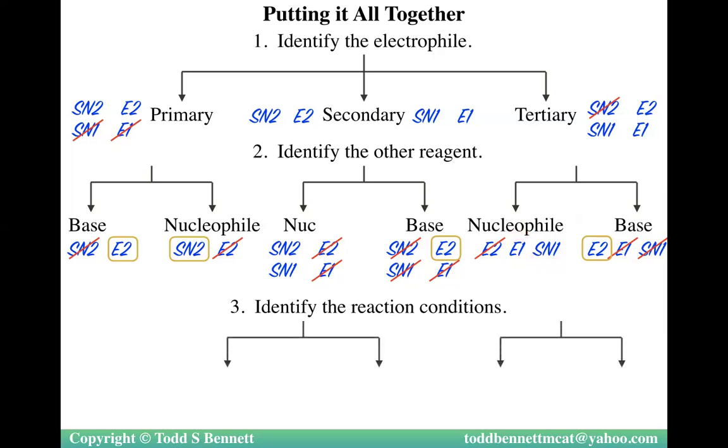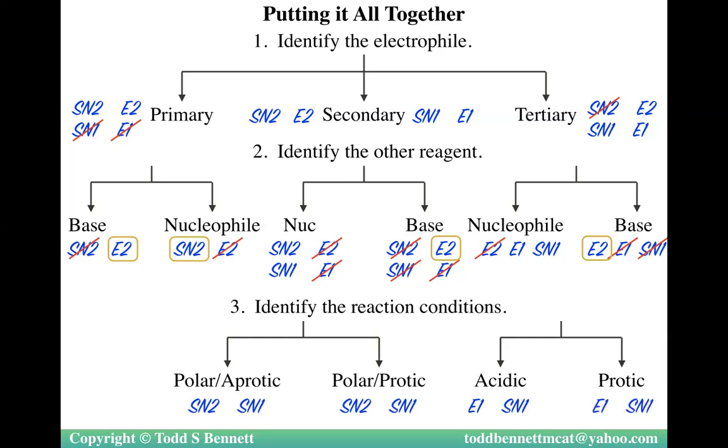Okay, so last, the reaction condition. This is where you're going to make the hard decision here and the hard decision here. So polar aprotic versus polar protic, acidic and protic. So those conditions that kick in. So if it is polar aprotic, SN2; if it's polar protic, SN1.